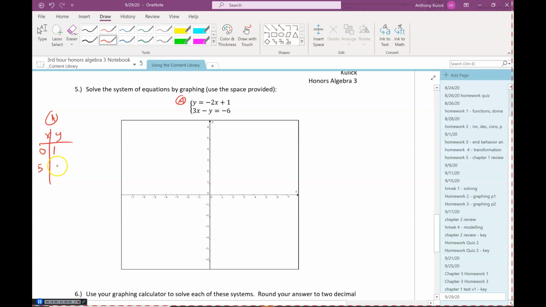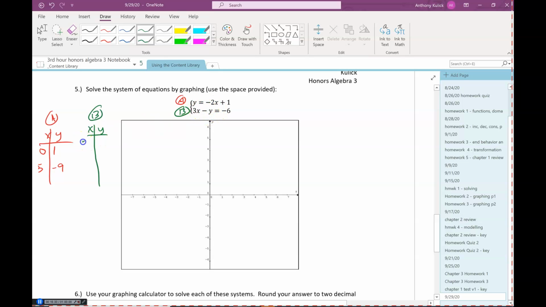Okay with that? And then the other one I'll do in green. It'll be like Christmas colors here with red and green. So you could rearrange b, but you don't have to. So if I don't bother to rearrange it, if x is -2, that gives me a -6, which means y would have to be 0. Okay with that?